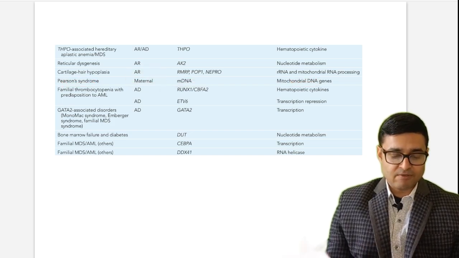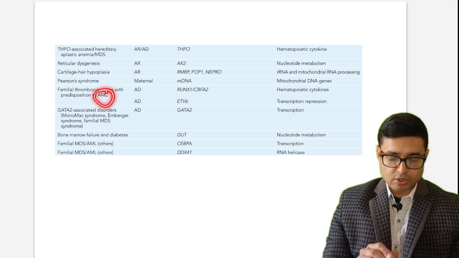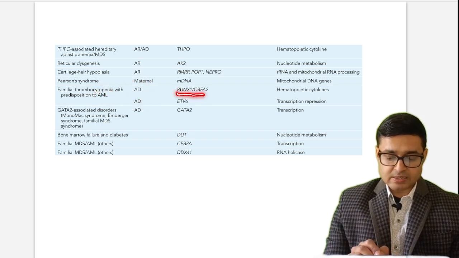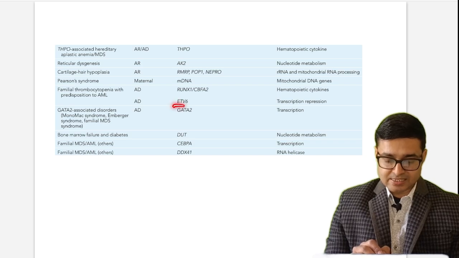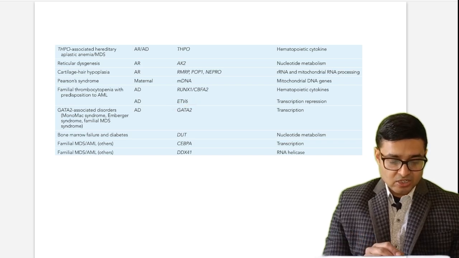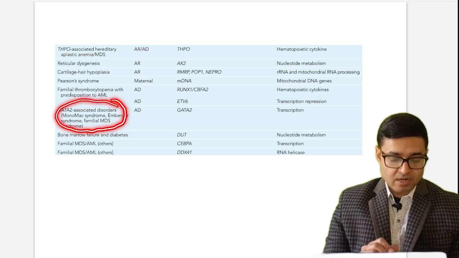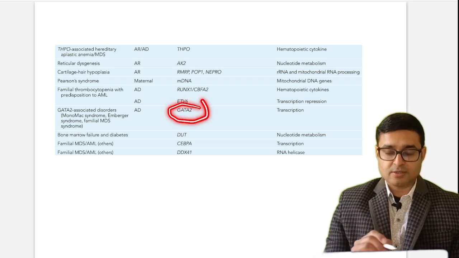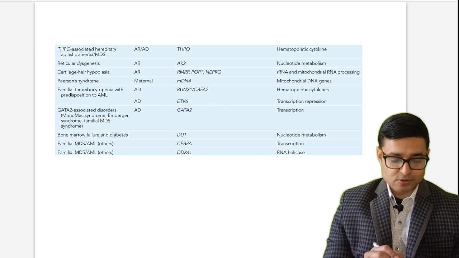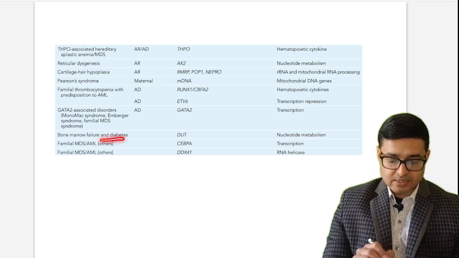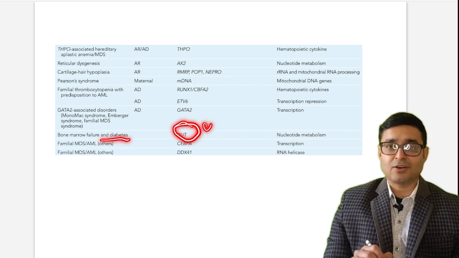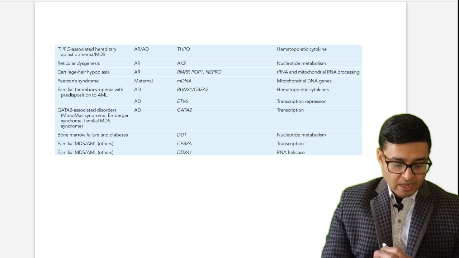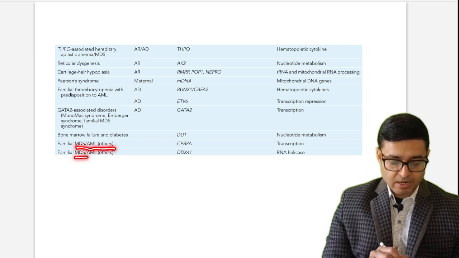Familial thrombocytopenia with predisposition to AML is autosomal dominant: RUNX1, CBFA2 gene, ETV6 gene, and GATA2 associated disorders like Emberger syndrome, MonoMAC syndrome, familial MDS syndrome, GATA2 mutation. This is very important, it has been asked previously also. Bone marrow failure and diabetes, gene is DUT. This again is a one-liner question. Familial MDS and AML, others like this gene.